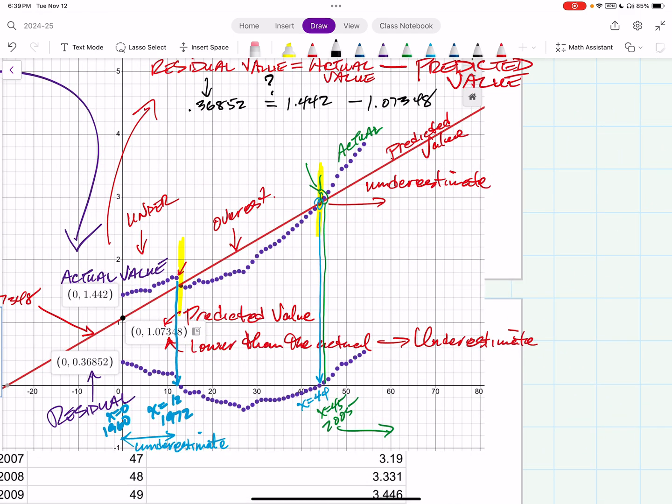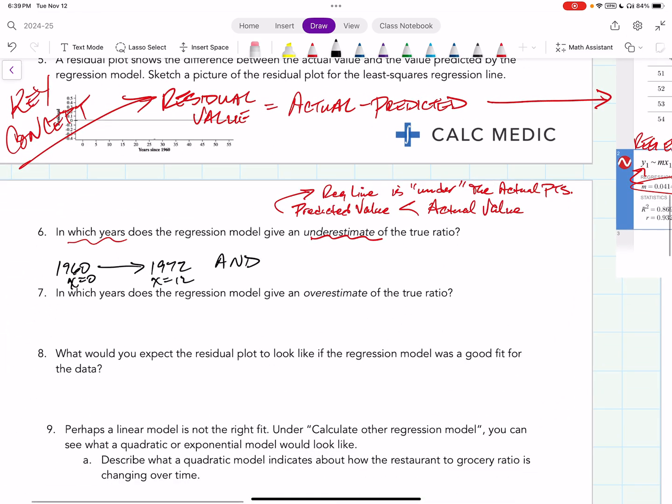When you're beyond 44 years, so 2004, so when you're at 2005 on, to infinity, you have an underestimate. Okay, so let's write that out. So from 2005 on, which is at x equals 45 years on, to infinity, you have an underestimate.